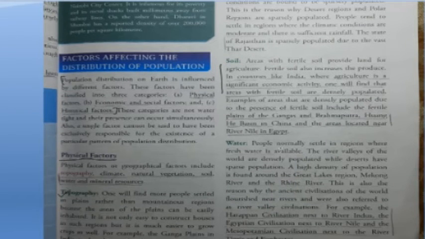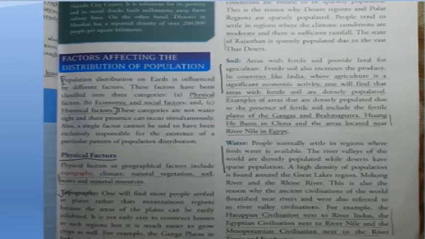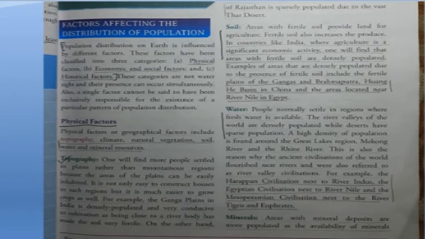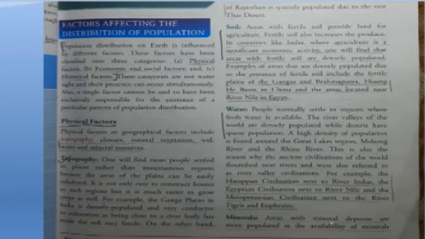In water, people normally settle in regions where fresh water is available. The river valleys of the world are densely populated, while deserts have a sparse population. Then minerals. In minerals, areas with mineral deposits are more populated as the availability of minerals.